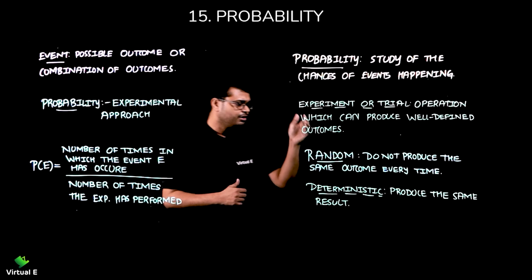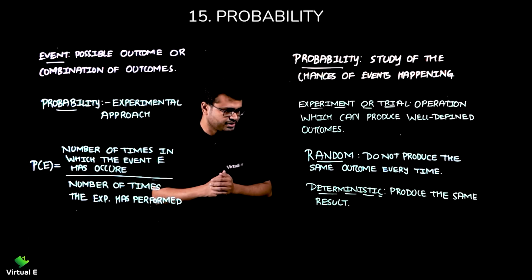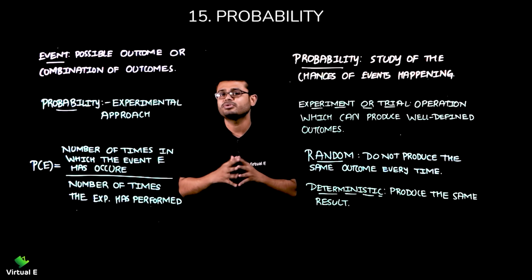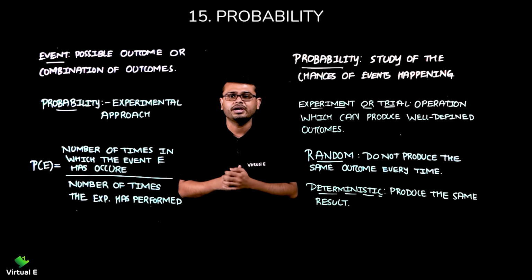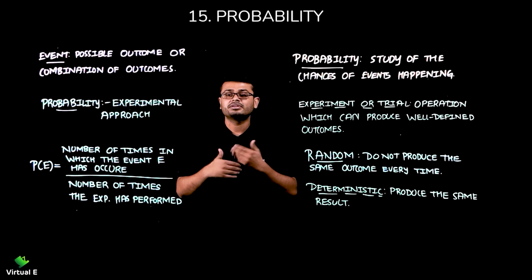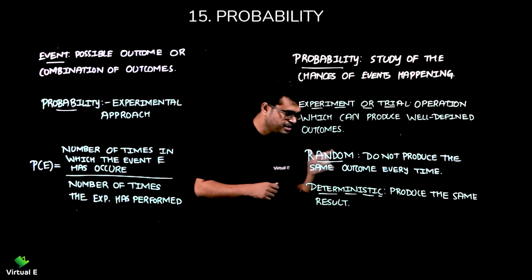Now, experiment or trial can be of two types, random and deterministic. Now, there are so many kind of things whose outcomes we do not know. Let's take an example again of the coin. If you toss a coin, you don't know will it be head or tail. So, whose result is not same every time, right? So, random experiments are like that.